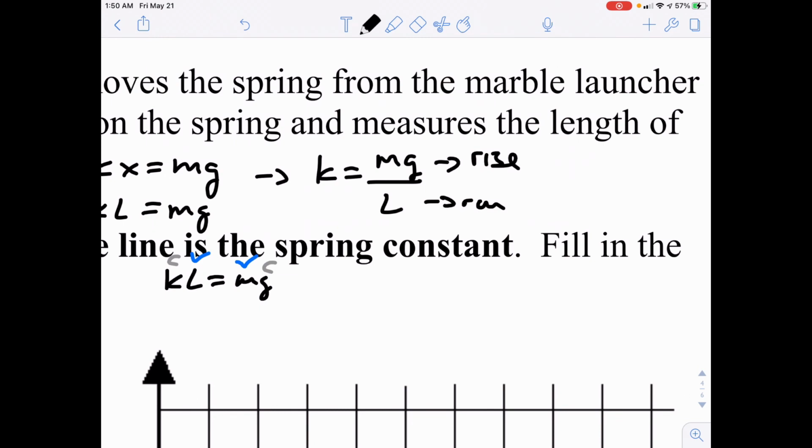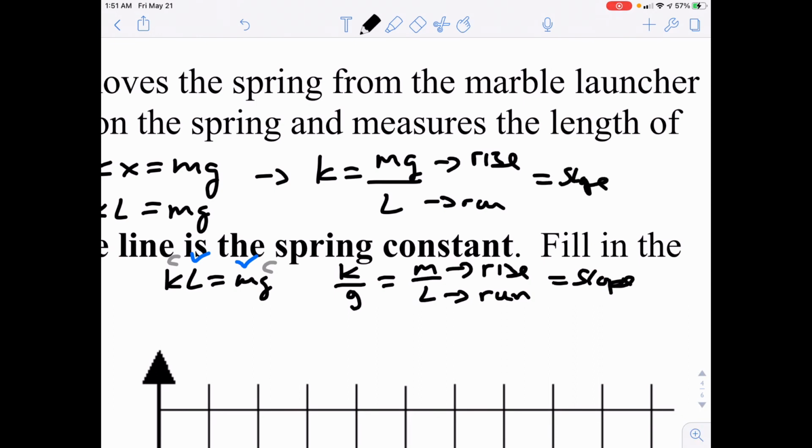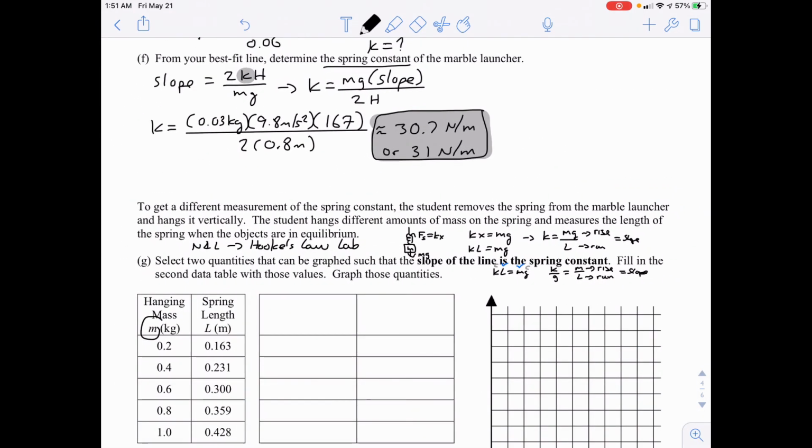So I can get k over g equals m over L. If I simply plot m versus length, my slope is equal to k divided by g. So in other words, to get k, I would need to multiply my slope times g. There are several ways in which you could accomplish finding the spring constant.